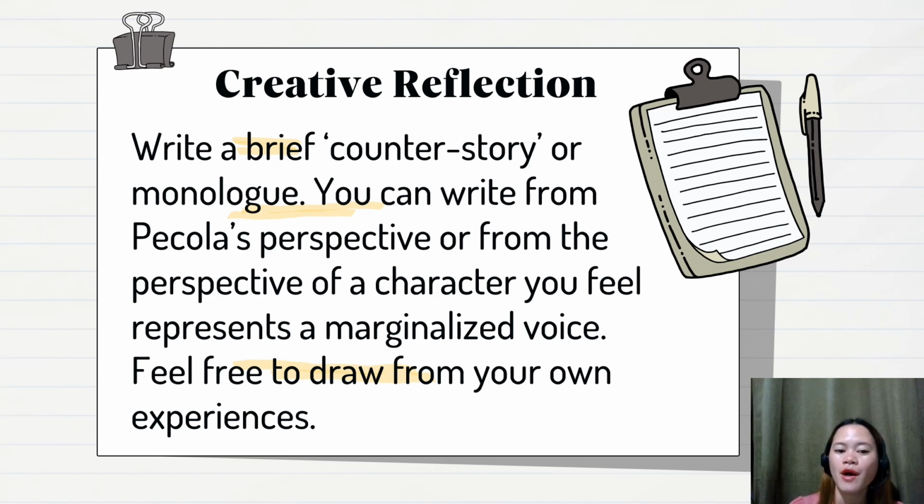You can write from Pecola's perspective or from the perspective of a character you feel represents a marginalized voice. Feel free to draw from your own experiences. Okay, timer starts now. Okay, are you done? You can pass your paper to your group mate.